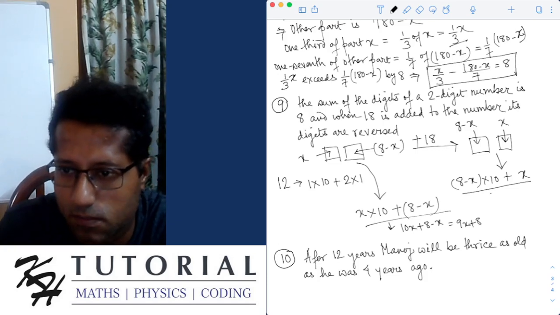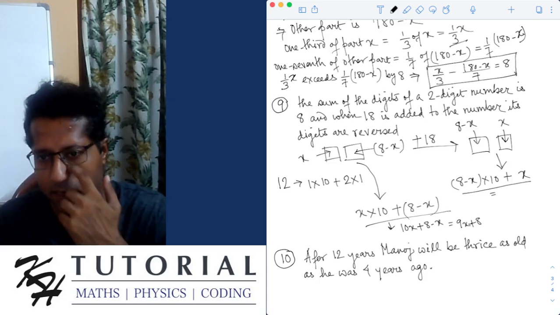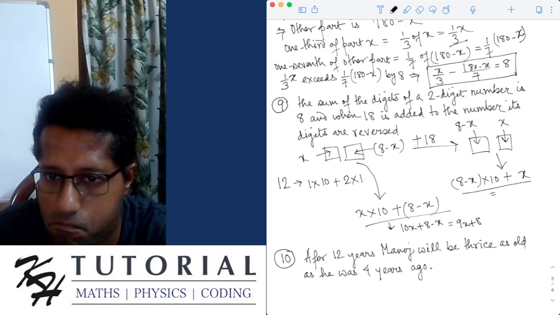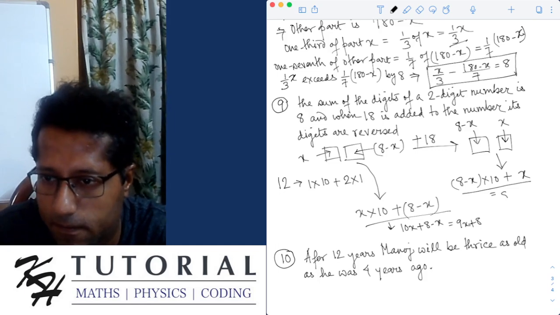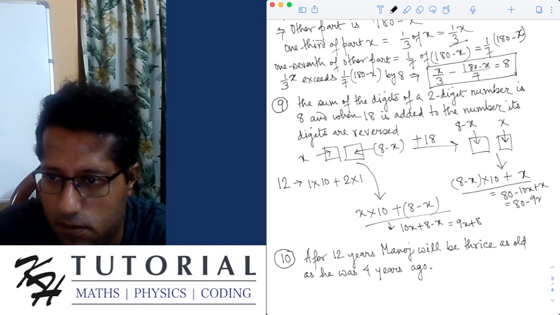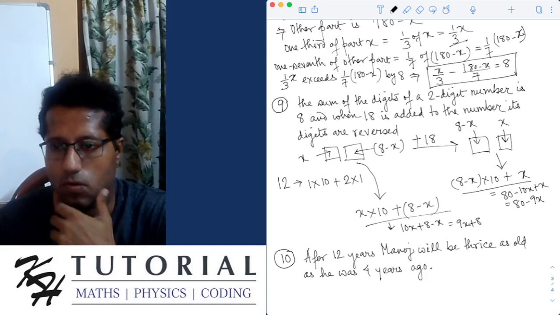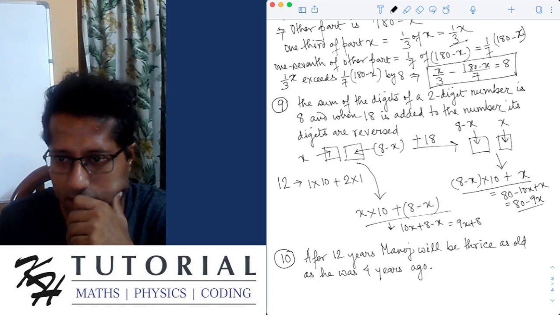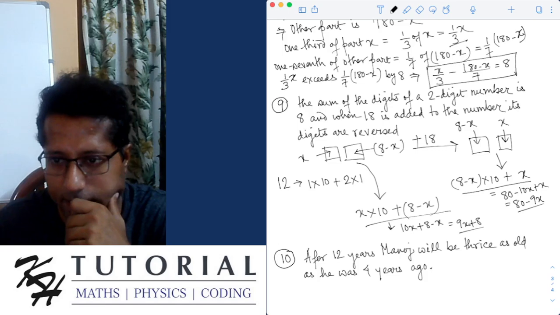Now what is this number? If we simplify this expression, 8 minus x into 10 plus x, this becomes 80 minus 10x plus x, this equals 80 minus 9x. Now this number has resulted by adding 18 to this number.